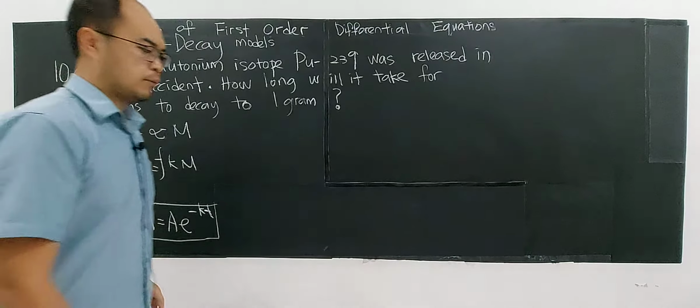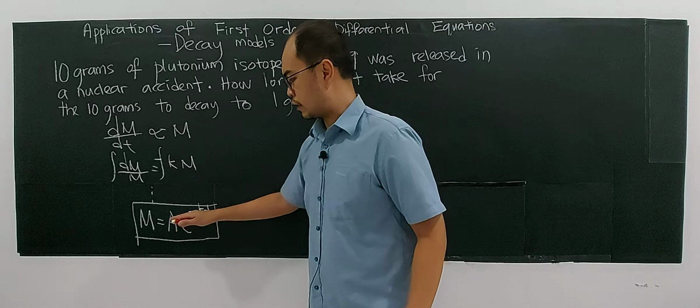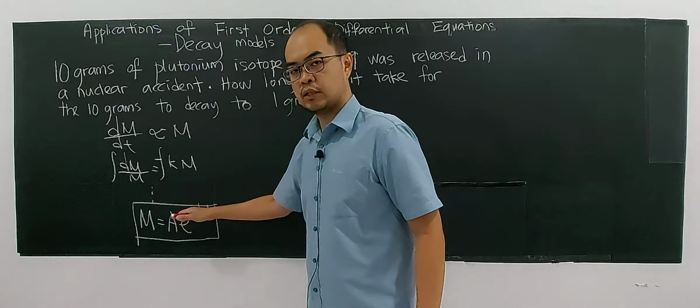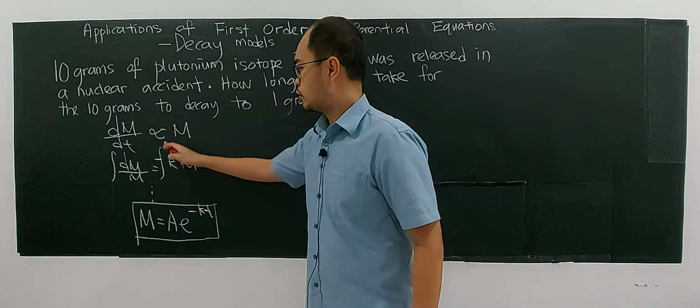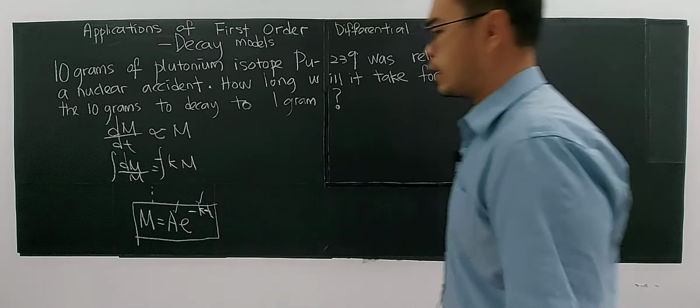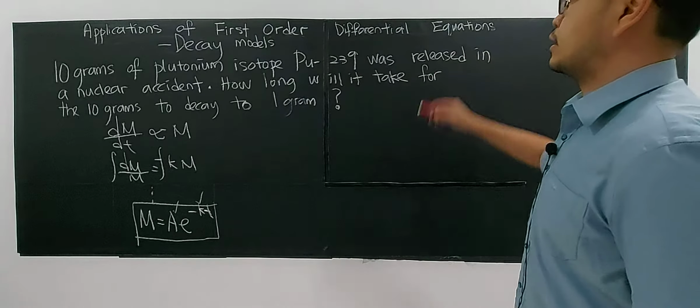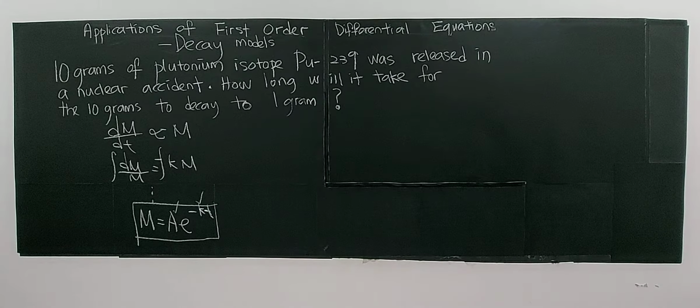Now, our purpose in this question is not to derive this for you. I just want to tell you how to apply this model in solving this problem. So we have to find the value of K and the value of A. Then we look at this question: it was released in an accident, how long will it take for 10 grams to decay to 1 gram?